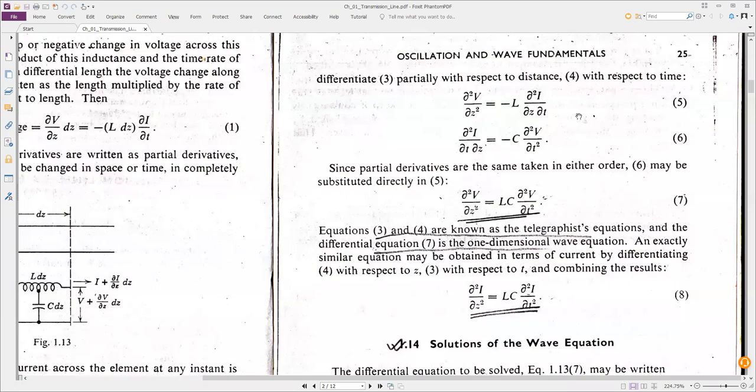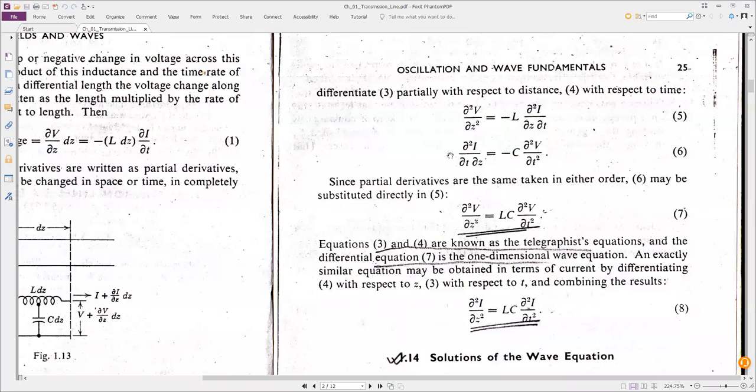Now, after that, we will do what? Let's see. After doing the differentiation, you get del squared V by del z squared is equal to minus L del squared I by del z del t, and del squared I by del t del z is equal to minus C del squared V by del t squared. So you get these two equations. Now look here very carefully.